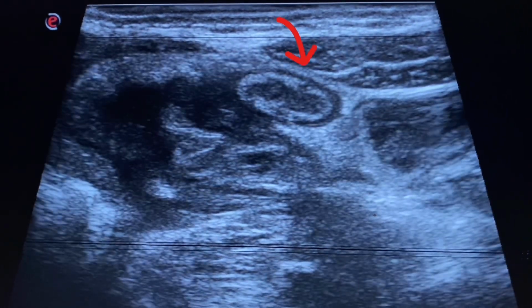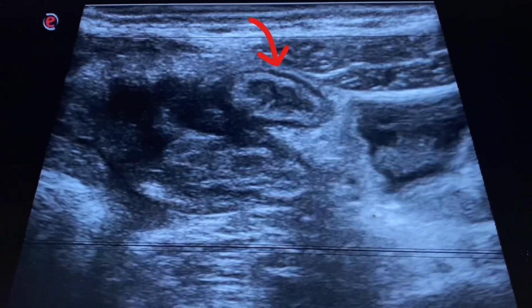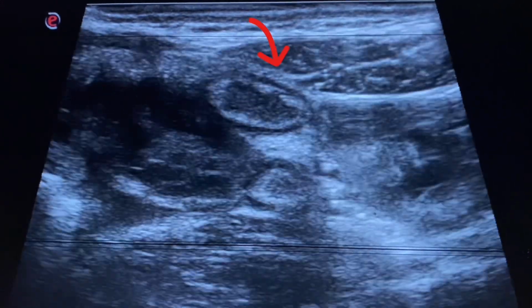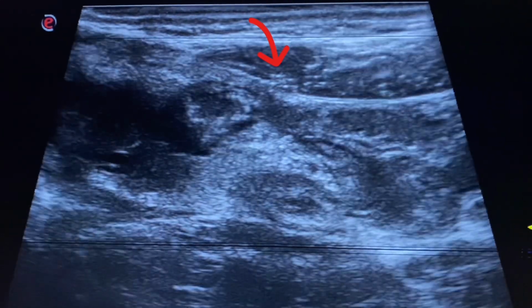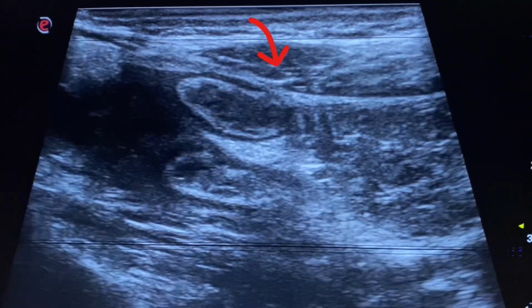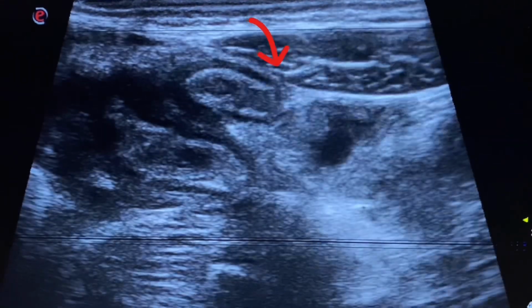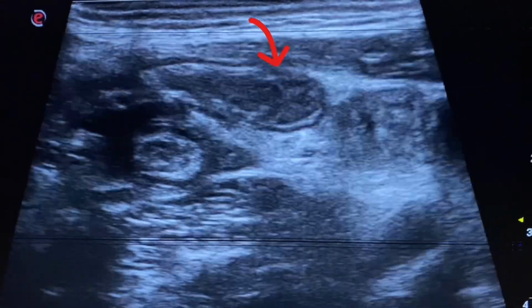Sometimes the walls of distal ileum and cecum are mildly inflamed, but appendix cannot be found. But when the walls are inflamed and thickened, they occur due to inflammation of appendix.